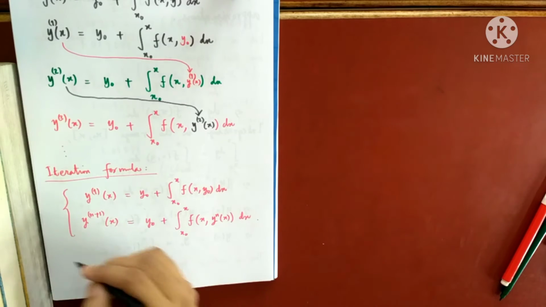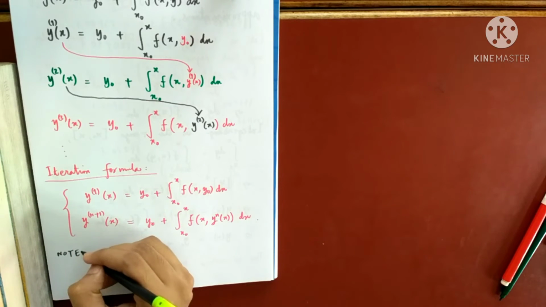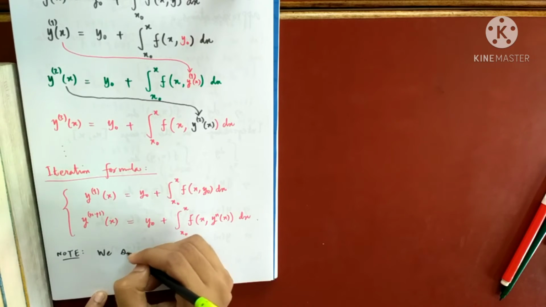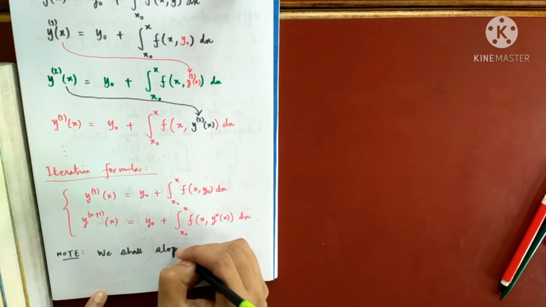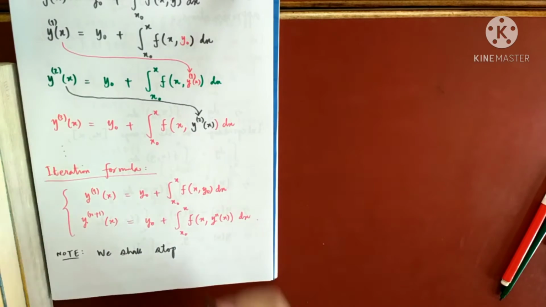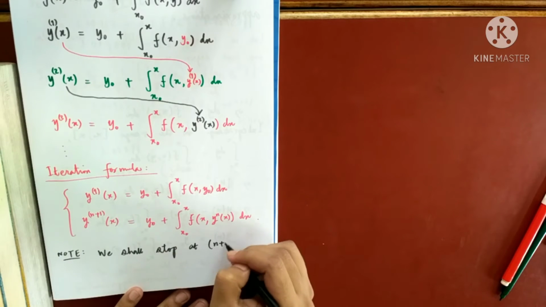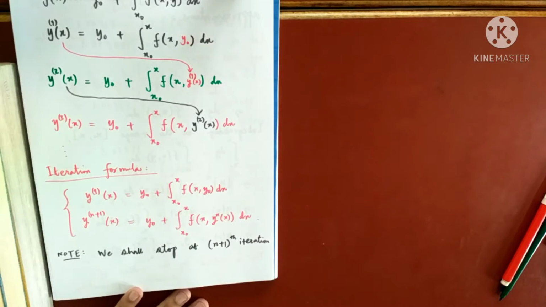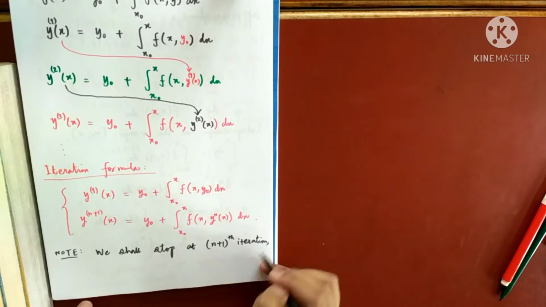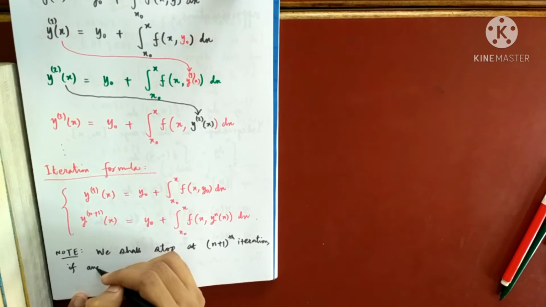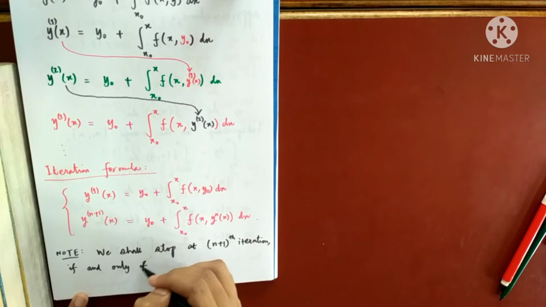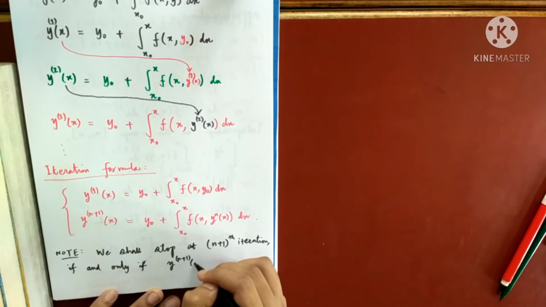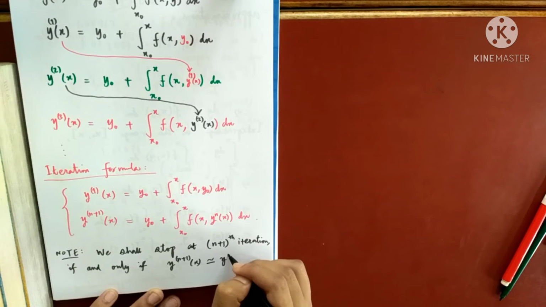As we already know when to stop, we shall stop at the n plus 1th iteration if and only if the n plus 1th iteration gets very close to the nth iteration.